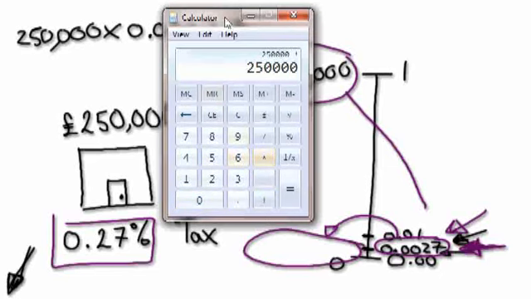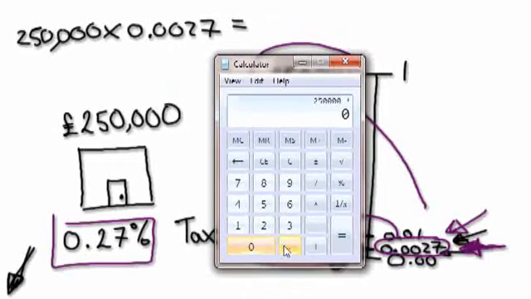Okay, so punch that into your calculator and you should get, hang on, clear, 250123 times 0.0027 equals. Right. Hang on. Let me do it again.